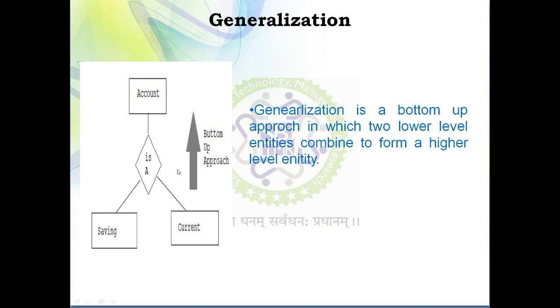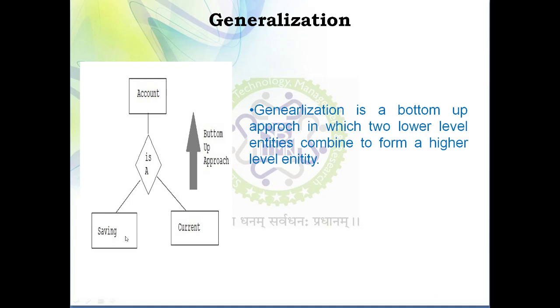We can say that generalization is a bottom up approach where a number of lower level entities combine together to form a single higher level entity. So how to read this particular diagram? You can say saving is an account, current is an account. So these are two lower level entities, and account is a higher level entity. And why do we call it a bottom up approach?